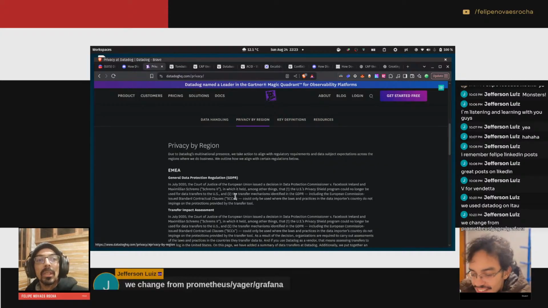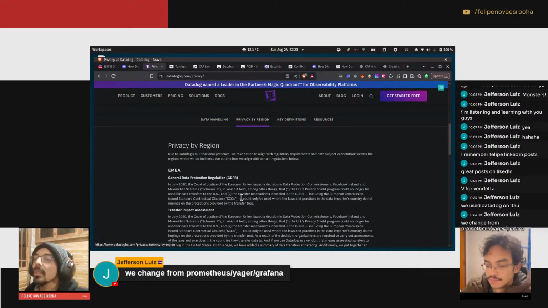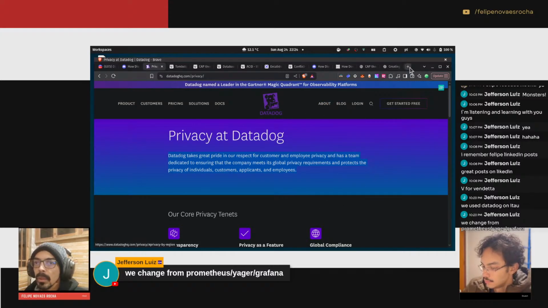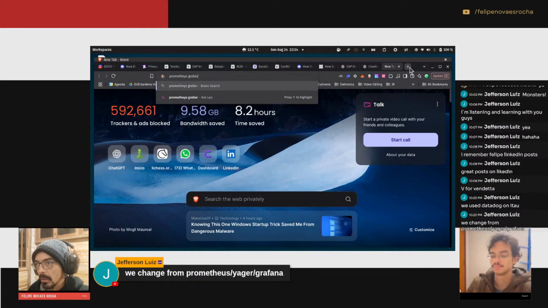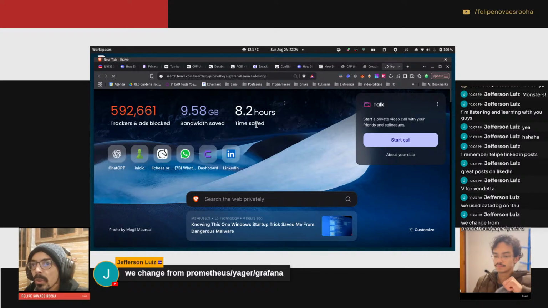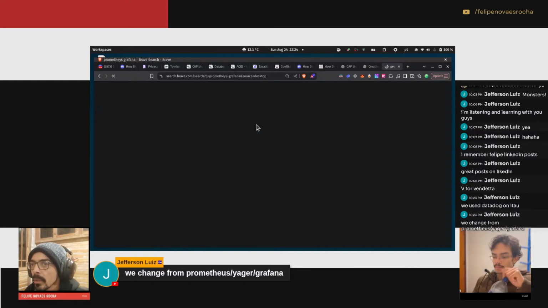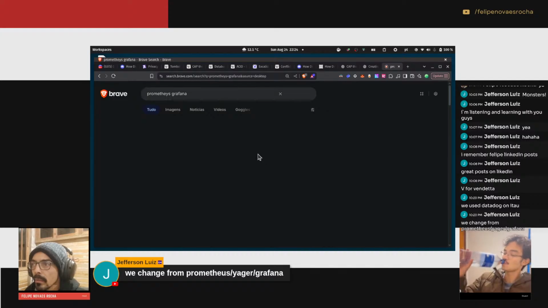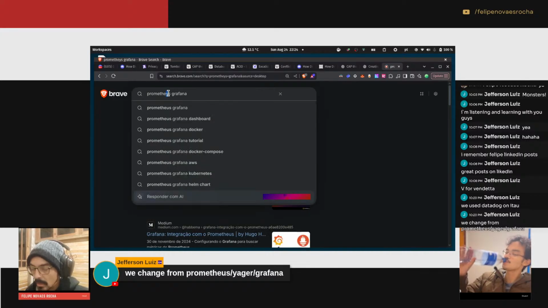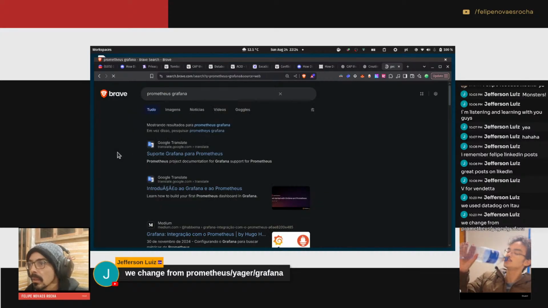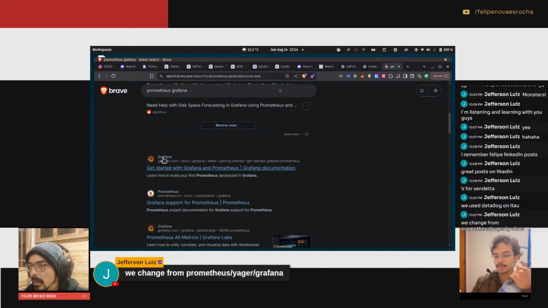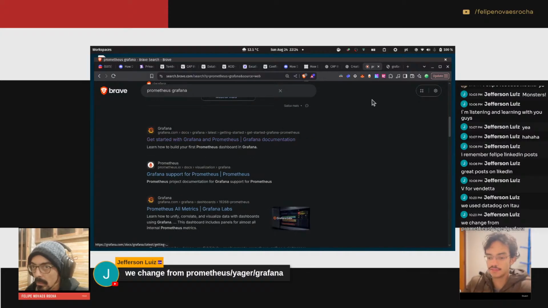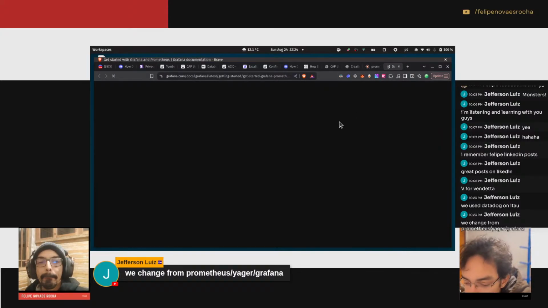Jefferson said, we changed from Prometheus and Jaeger to Grafana. Yeah, Prometheus and Grafana are good ones for small products, or if you have a DevOps. But for something big, Datadog. Grafana we use today in-house.